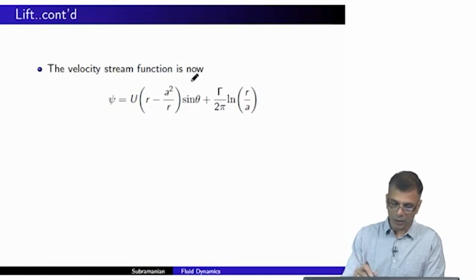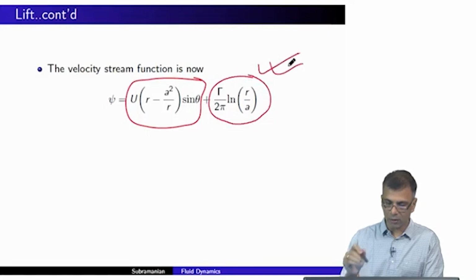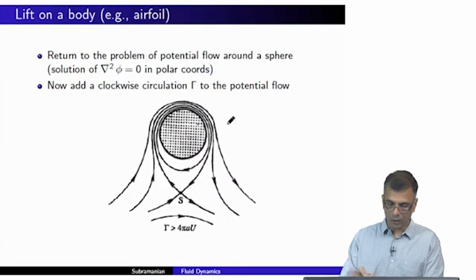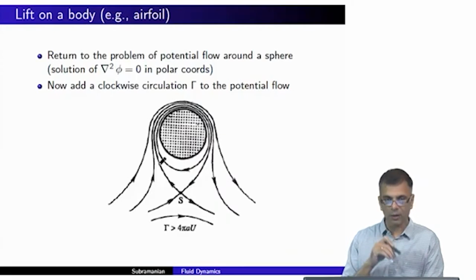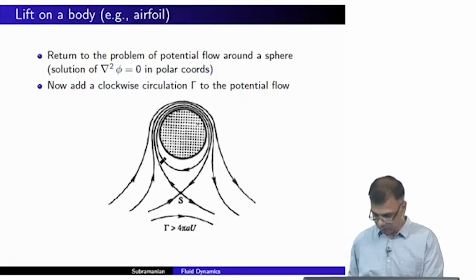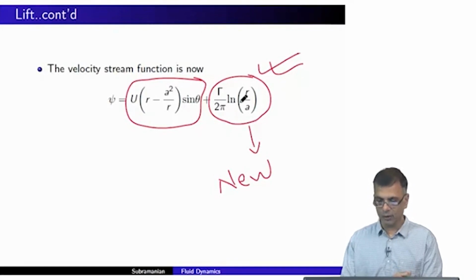Earlier we had just this much, and now with the addition of the circulation we have this piece. So this is what is new, due to the fact that we have added this kind of clockwise circulation to the already existing potential flow. So that's the new piece we've added, right?